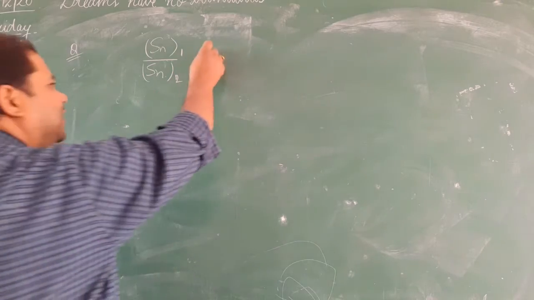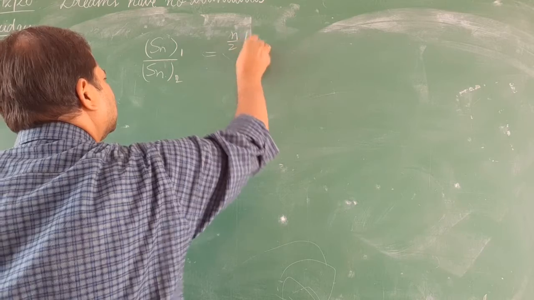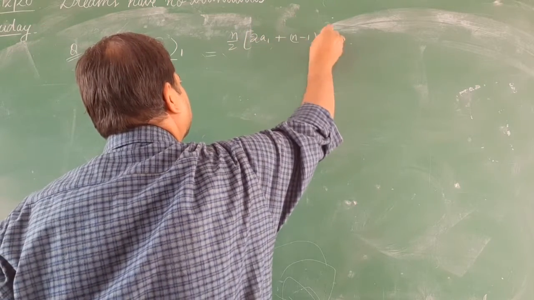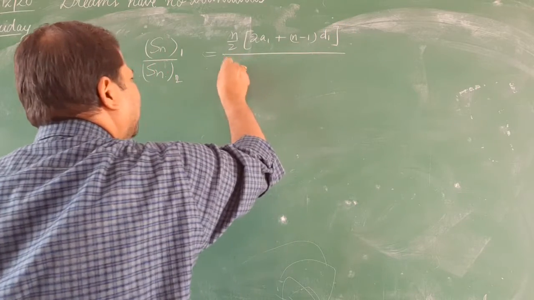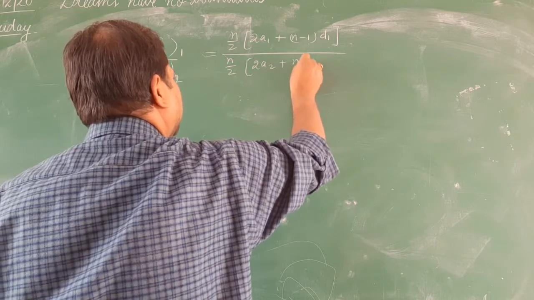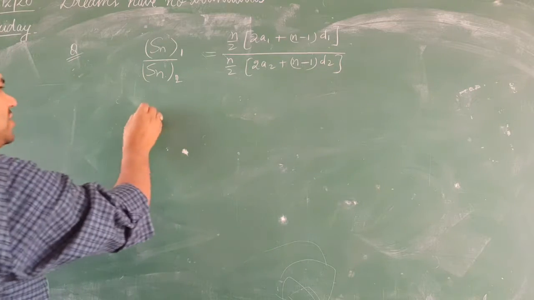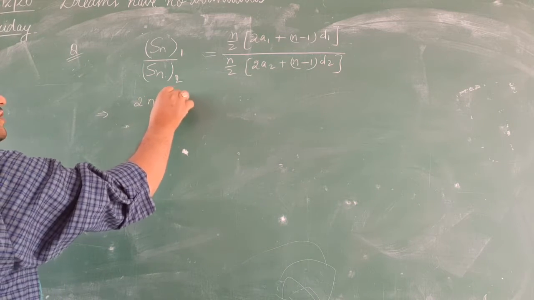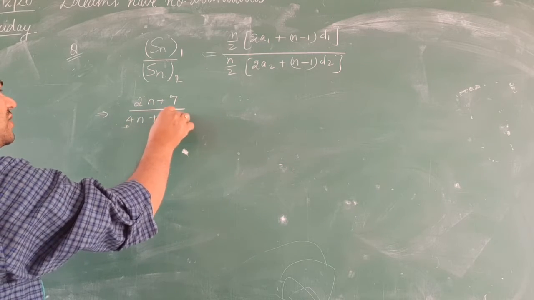Then this is nothing but n by 2 [2a1 plus (n minus 1) d1] and n by 2 [2a2 plus (n minus 1) d2], and this must be equal to 7n plus 1 divided by 4n plus 27.